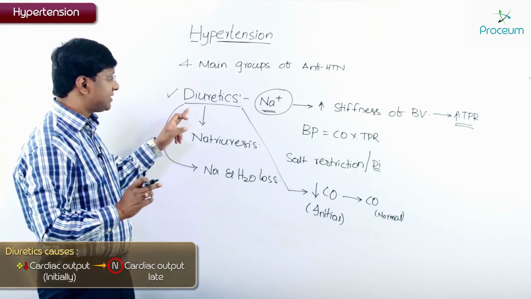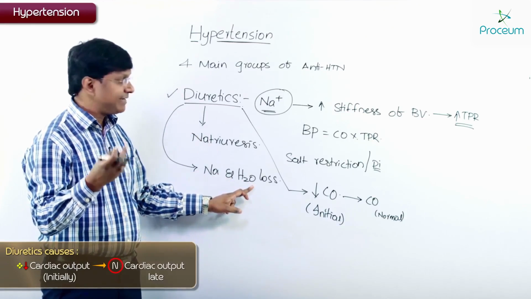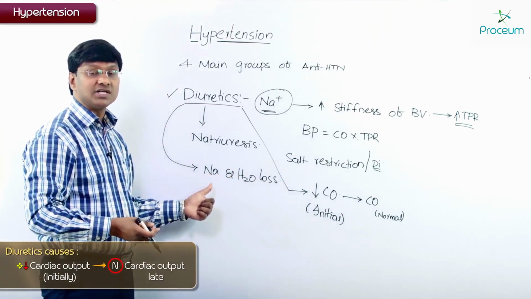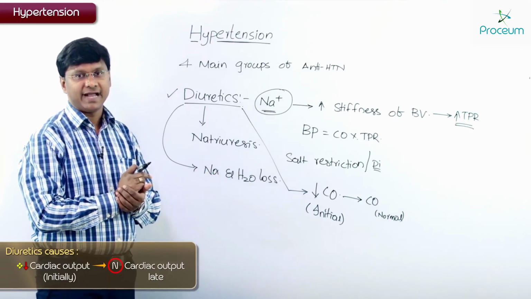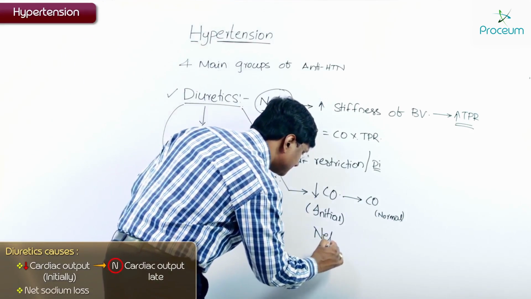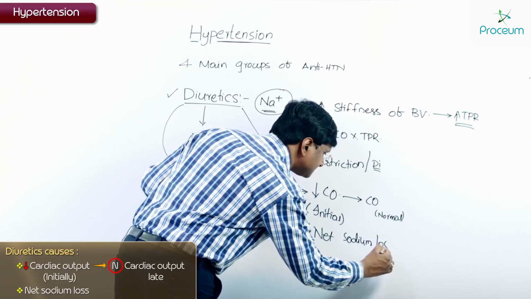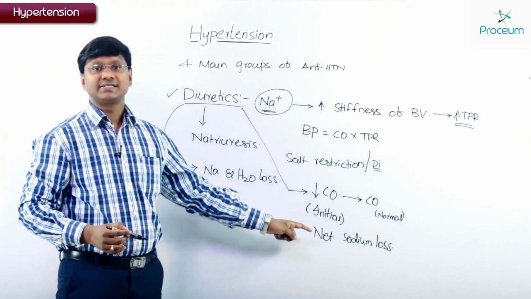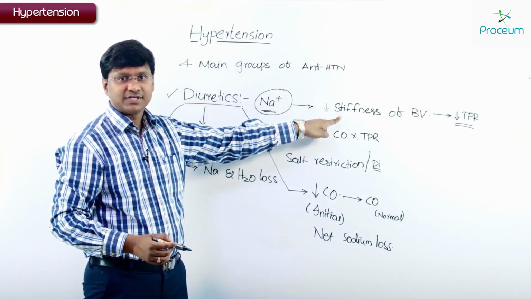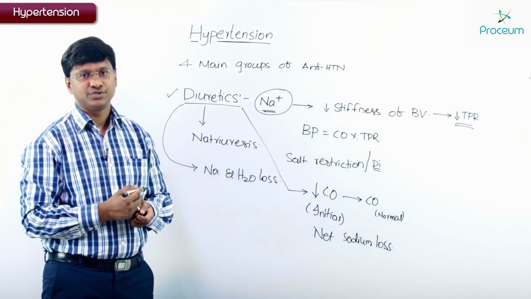Initially the diuretics cause sodium and water loss, but as time progresses the cardiac output becomes normal, while the sodium lost initially is not returned. So there is a net sodium loss, which decreases the stiffness of the blood vessel and thereby decreases the total peripheral resistance.